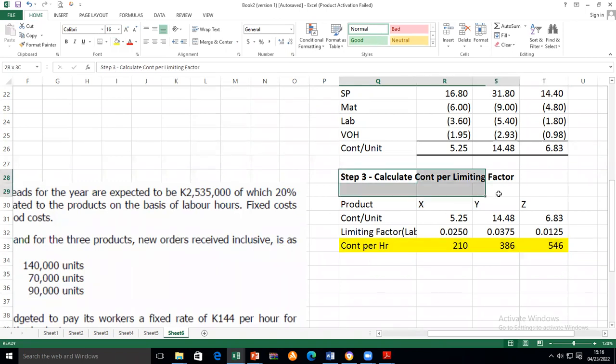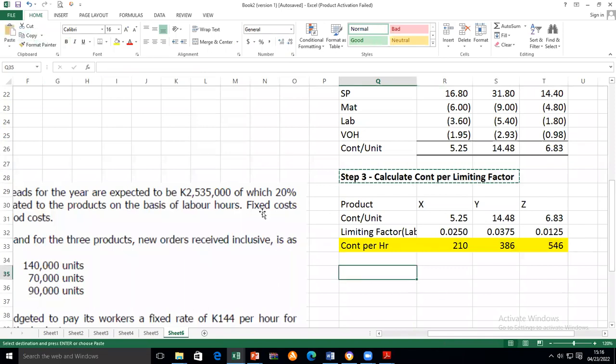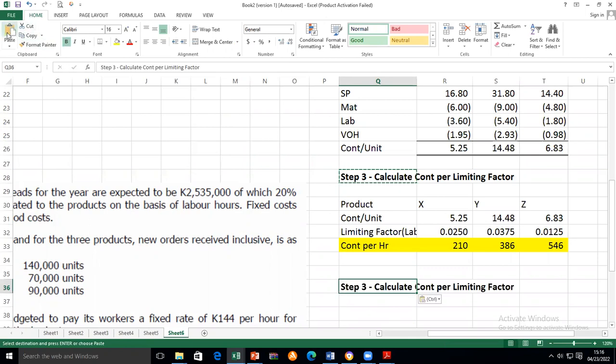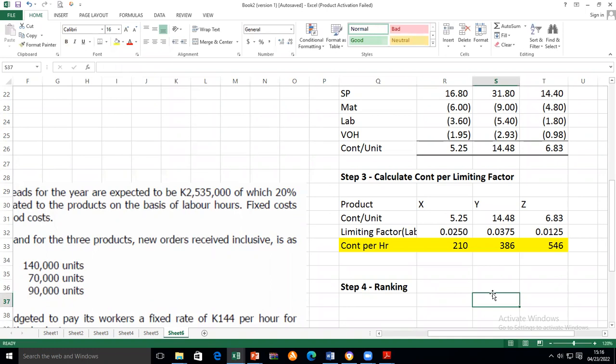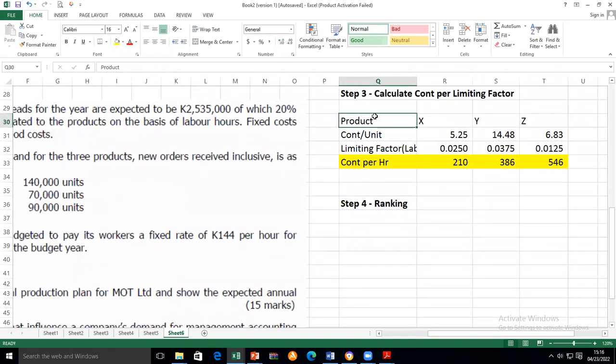Step number 4, we do the ranking. That's the ranking. So let's go with the ranking.